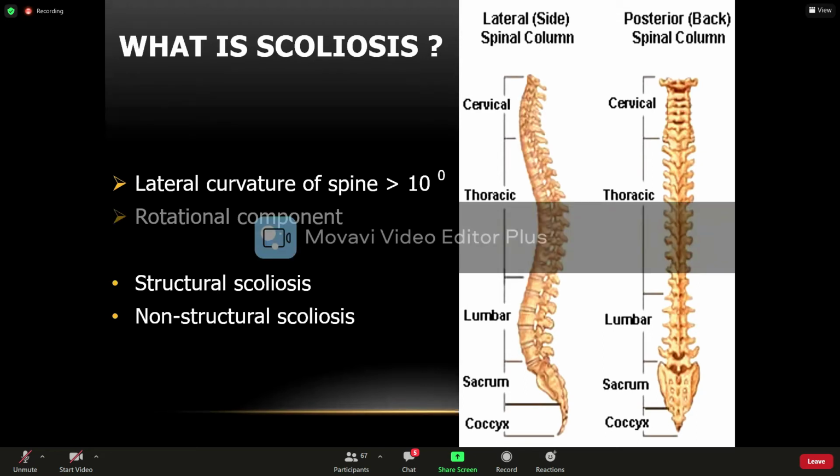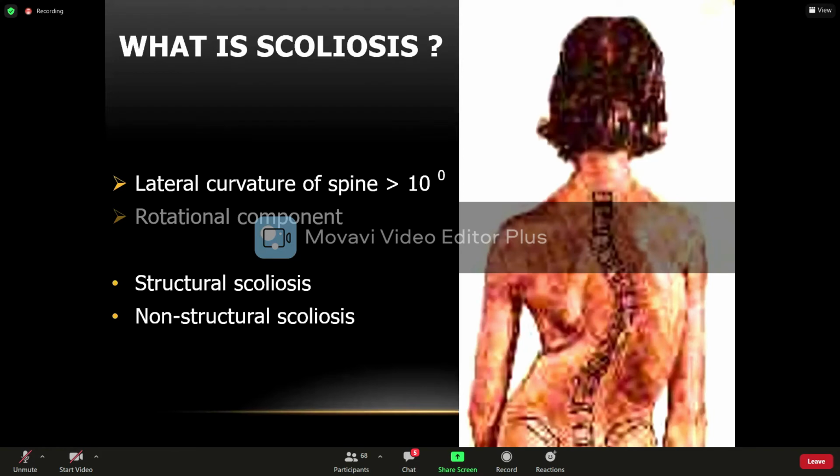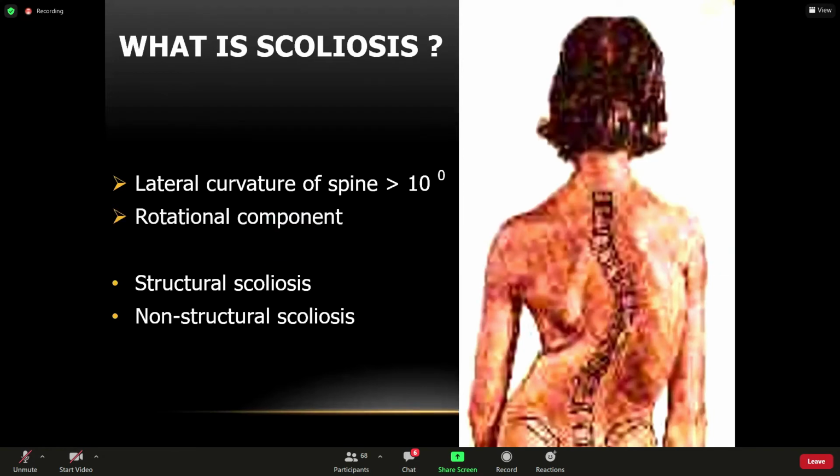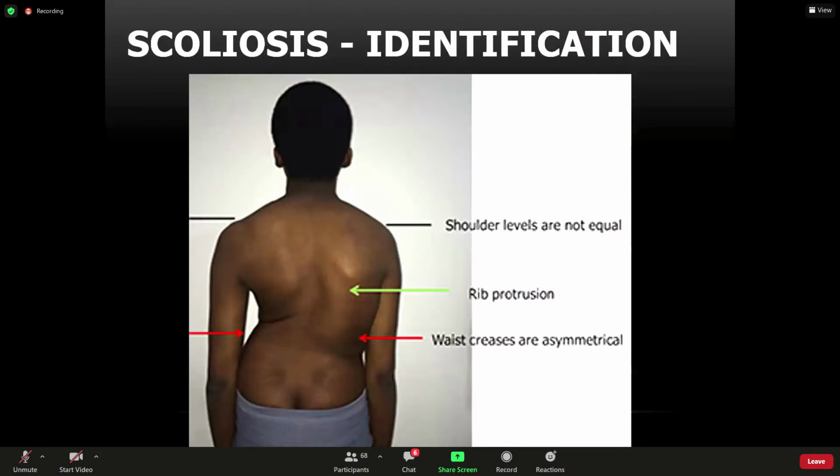So you can get a bend in the spine as a result of this. But today we are going to be talking predominantly about structural scoliosis, and this is what it looks like. So a bend in the spine. It is important to be able to identify these children early so that they can access treatment early.